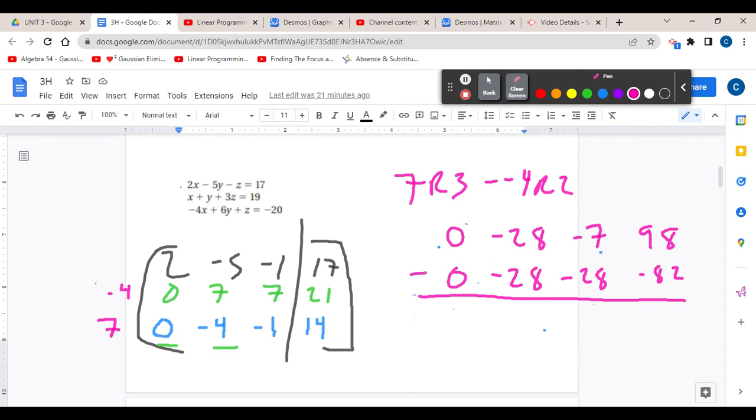All right, and so now we can go ahead and subtract these. So 0 minus 0 is 0. Negative 28 minus negative 28 is 0. Negative 7 minus negative 28 is 21. Then 98 minus negative 82 is 180. Check that. It should be 84. I'm sorry, 4 times 21 is 84.